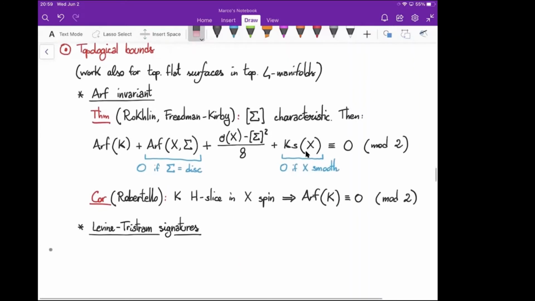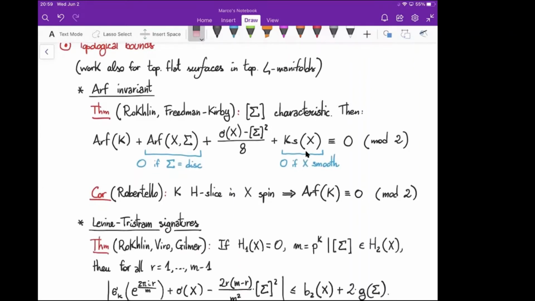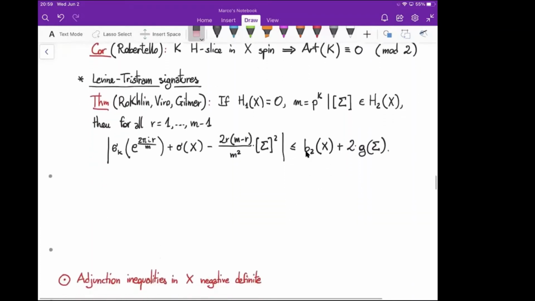Another topological bound comes from the Levine-Tristram signatures. And we have two main results here.